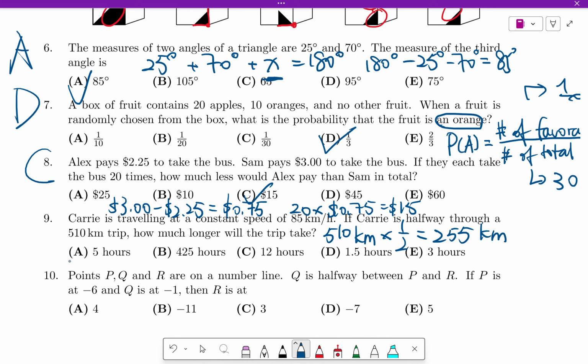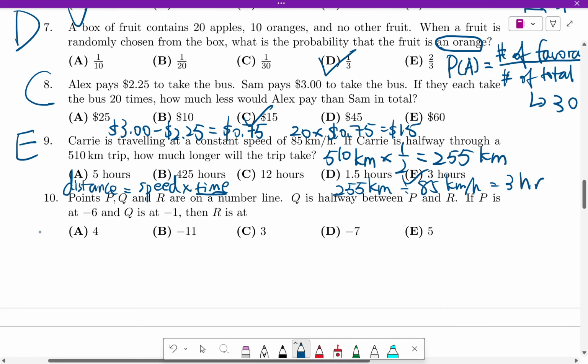And we know that distance is equal to speed times time, so if we want to calculate the time, we need to use distance divided by speed, which in this case gives us 3 hours left in the trip. So option E would be correct.